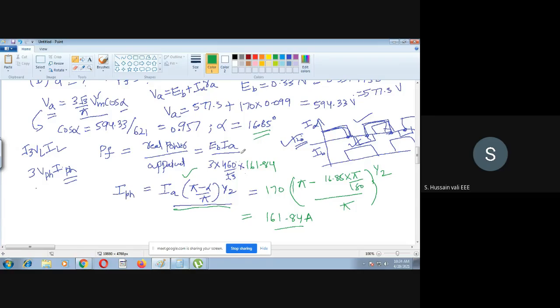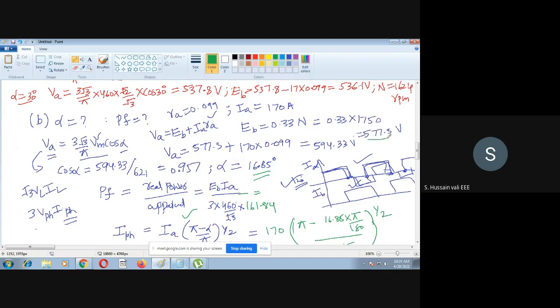161.84. Then EB value we know already. How much is the EB value for the real power in this problem? We got 577.5. So substitute that here. IA is equal to 170.